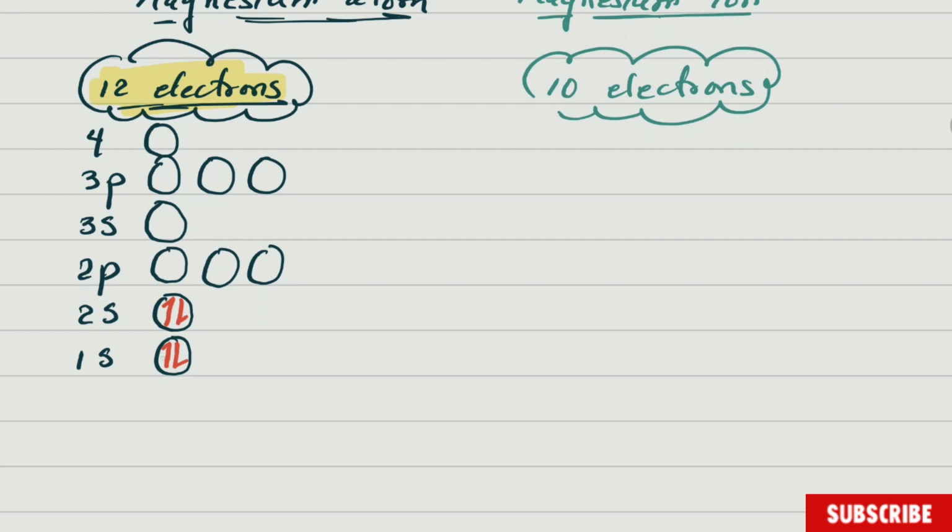For instance, it is 4, 5, 6 and 7, and then if you have extra you go back to the first one. 8, 9 and 10. So in the 3s it is 11 and 12. So this is the orbital diagram for the magnesium atom.